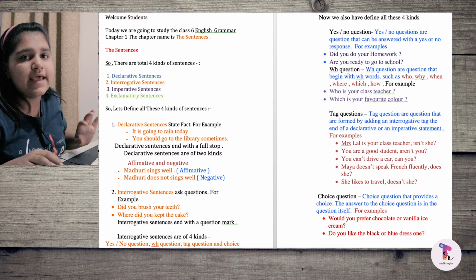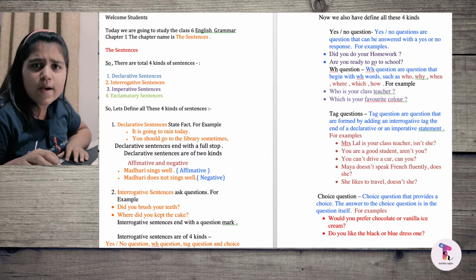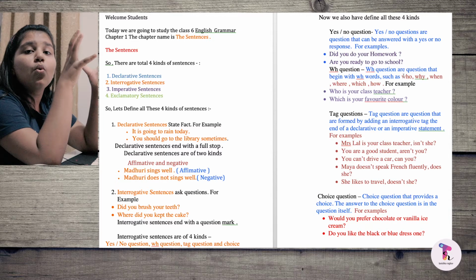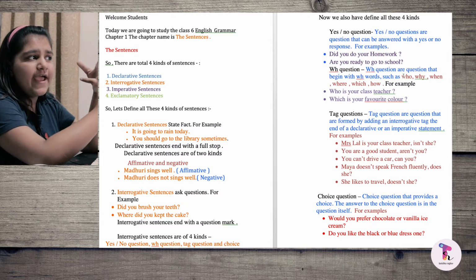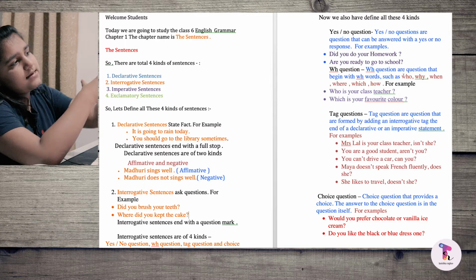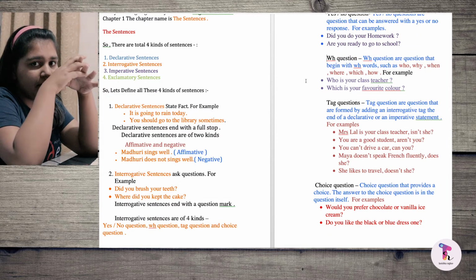So let's come to the next question type, WH questions. WH questions are questions that begin with WH words, such as who, why, when, where, which, and how. So basically WH questions are questions that begin with a WH word.